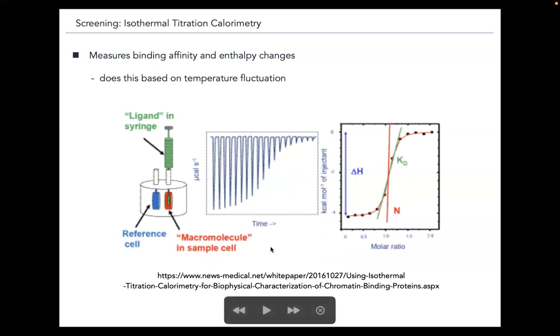Inside of the cell, you'll have the target, and you'll be syringing in some of the ligand, and you'll see these responses occurring in the middle. And then based on those responses, you have a graph of the concentration versus the response.